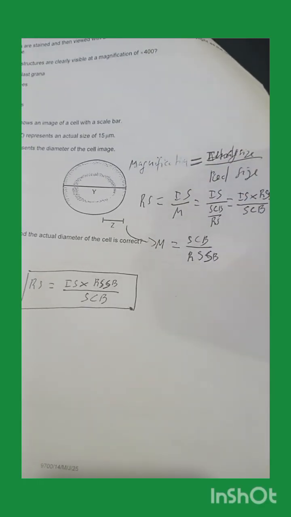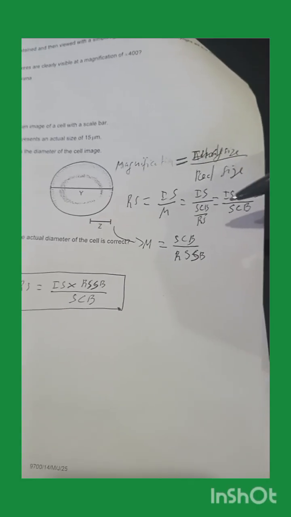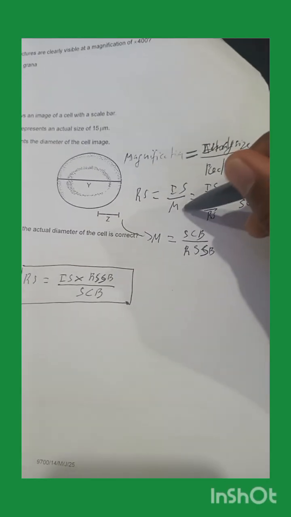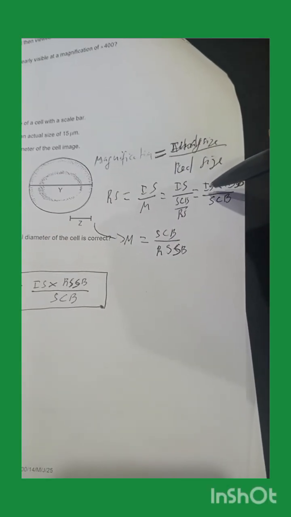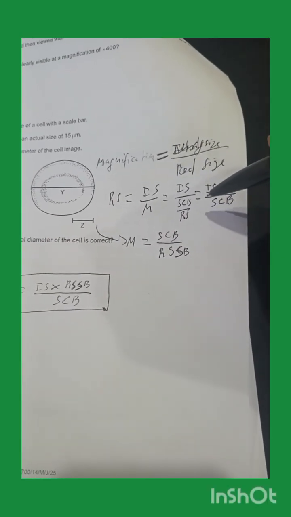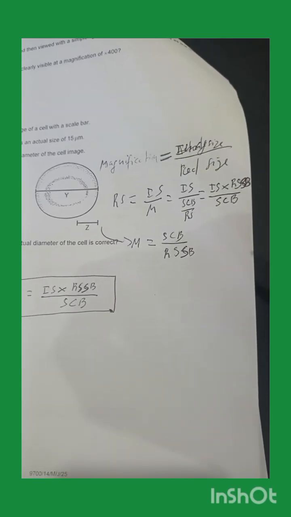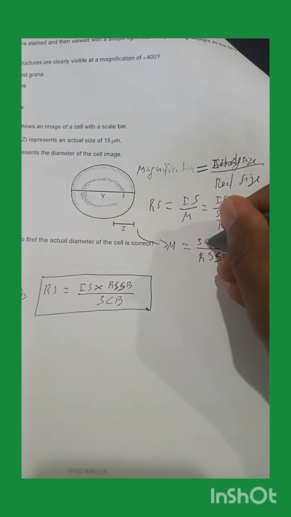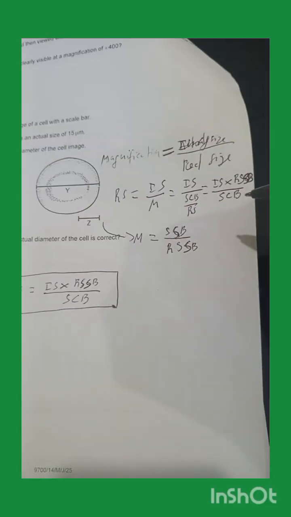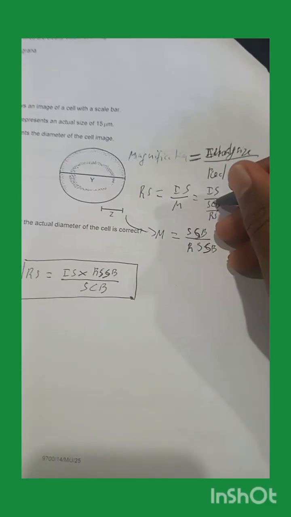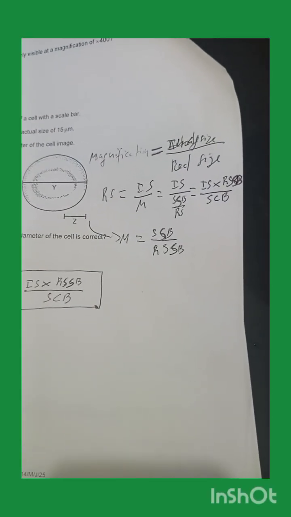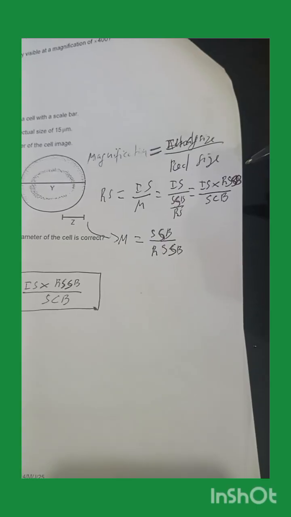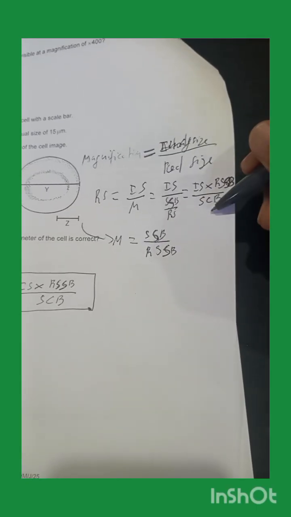You take this and you replace it in this formula here. You substitute it in here, you're going to get image size over size of scale bar. Actually this is supposed to be S, not C. S, not C. Okay, size of scale bar, right? So image size over size of scale bar over real size.